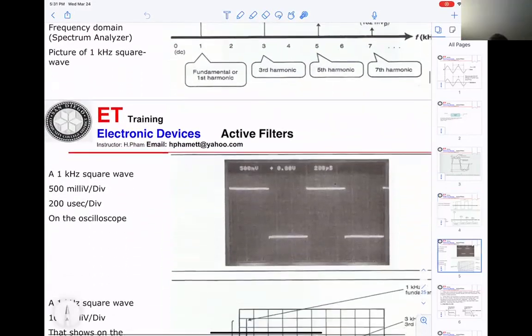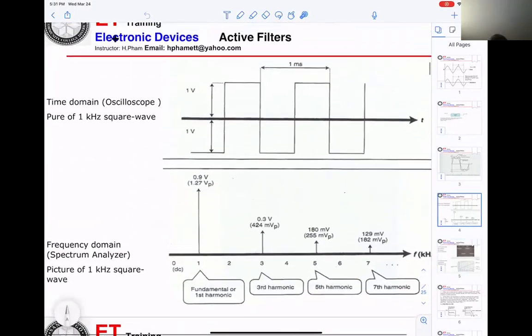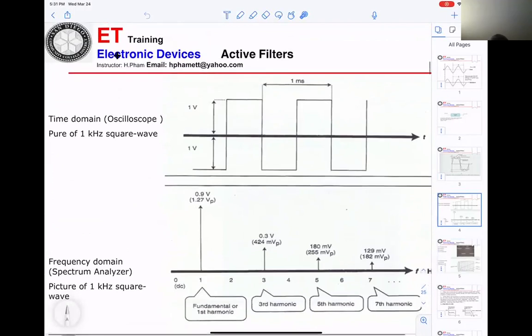Mr. Pham, just real quick, on that display where it says 0.9 volts and then 1.27 volts, where is that related to?